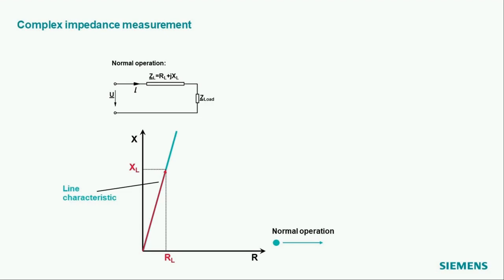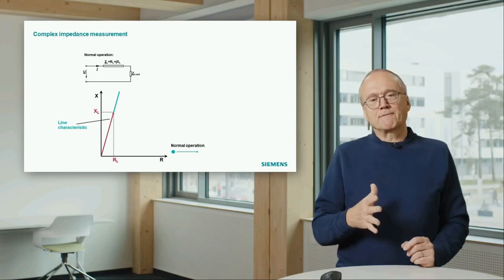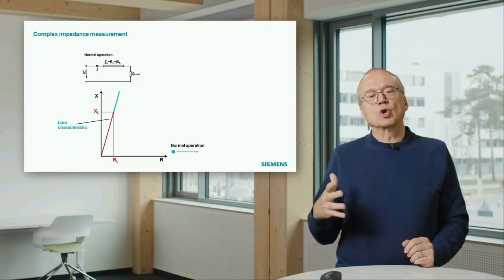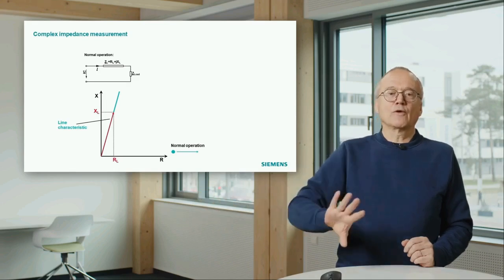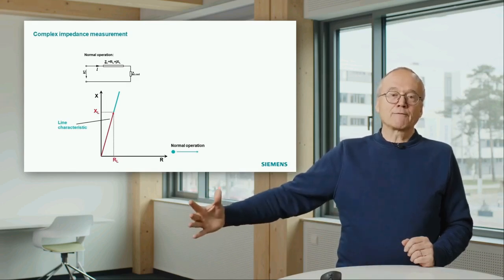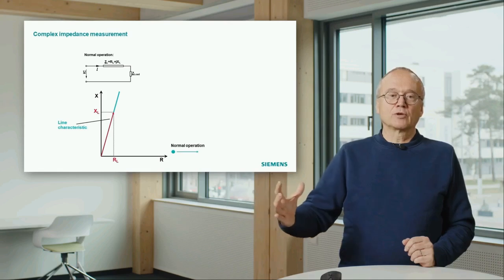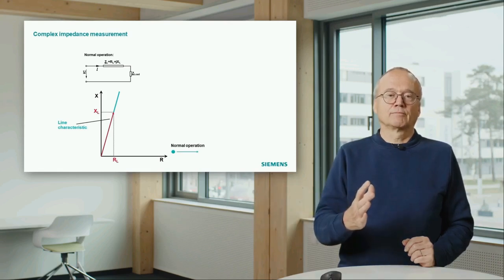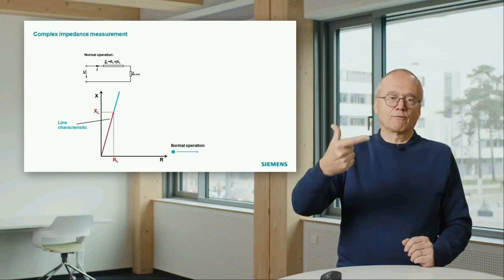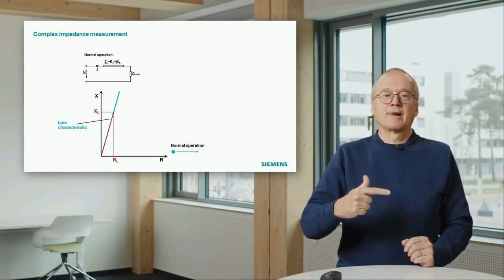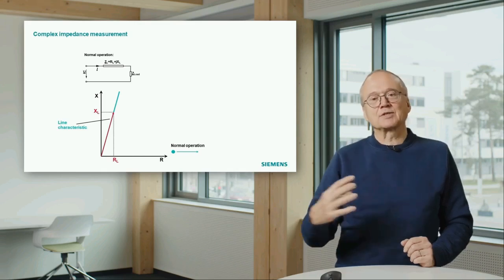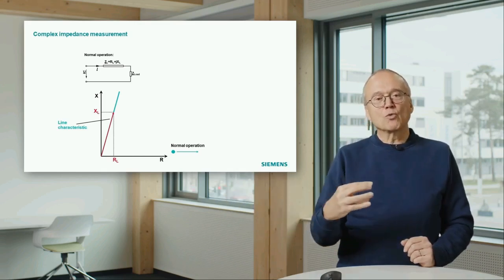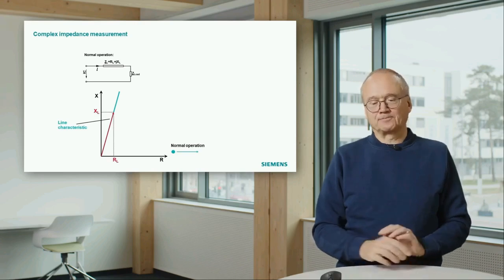It's important to understand this diagram. If you have very low load on the line, you move to the right. You move outside the diagram. If the load increases, you approach the diagram. Because impedance is voltage divided by current. If the current increases, the impedance decreases, and then you move into the diagram.